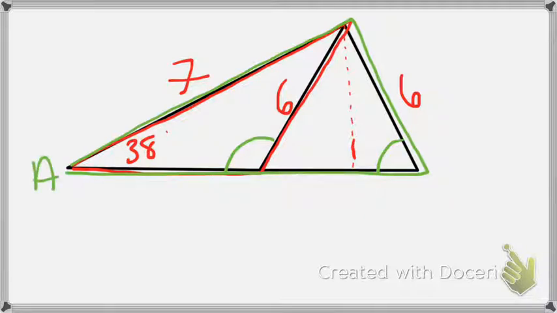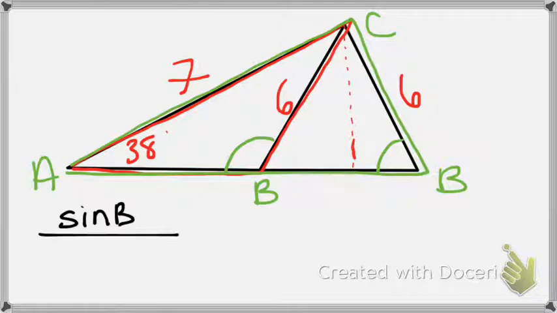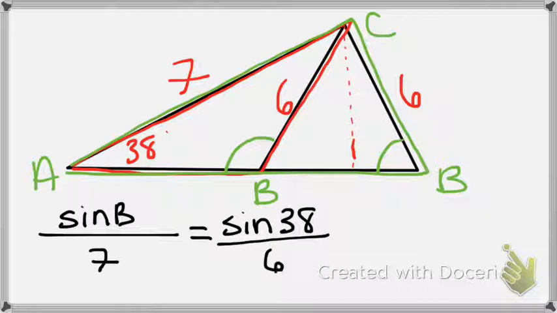Again, this is A. B is either here or here. C is up here. What you need to do is use the sine law. Go back to my black pen. We are going to set this up to say that the sine of B, we don't know which one we're going to solve for first here, but just set this up, over 7 is going to equal the sine of 38 and 6.